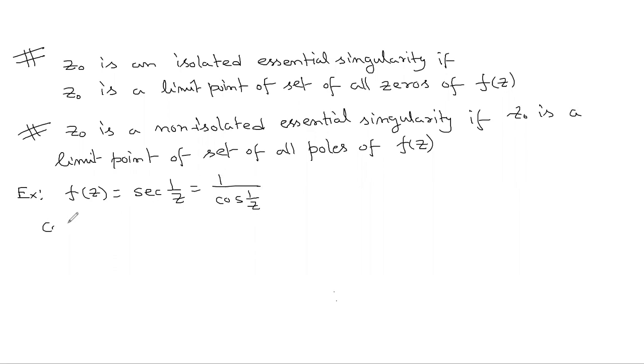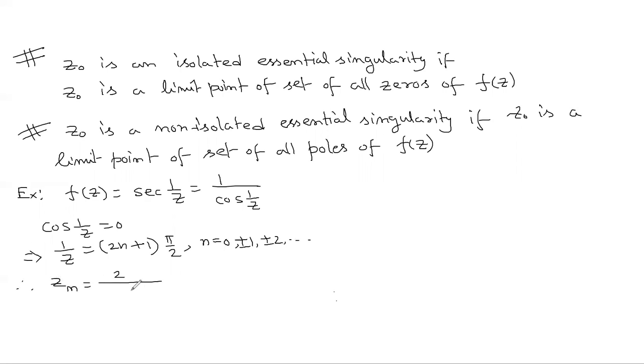So if we equate this to 0, that results in 1 by z equal to (2n plus 1) pi by 2, where n equal to 0, plus minus 1, plus minus 2, etc. So here we are getting Zn equal to 2 by (2n plus 1) times pi for n equal to 0, plus minus 1, plus minus 2. These are the singularities of the function fz.